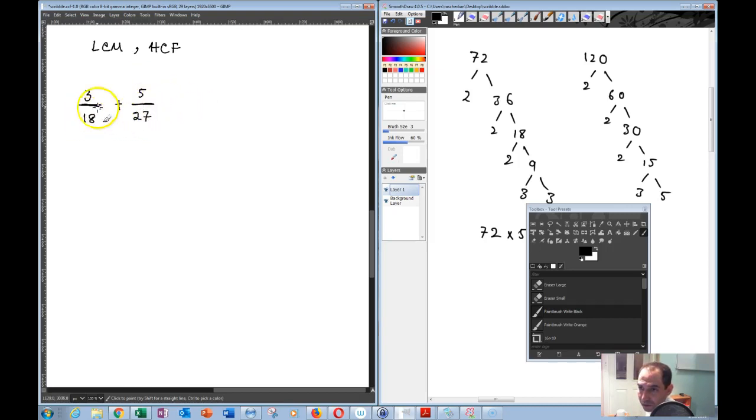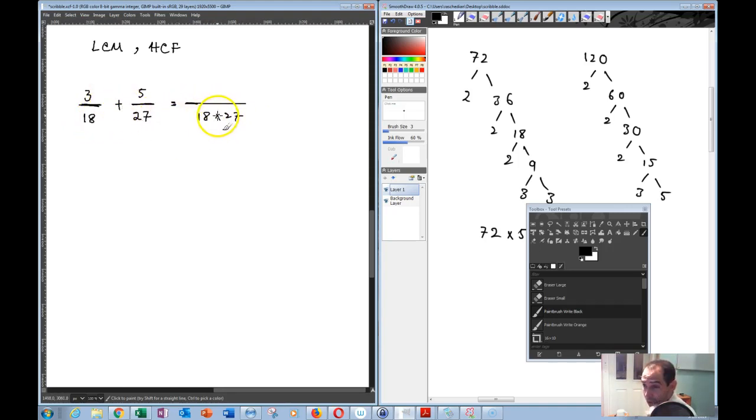Of course, these two fractions don't have a common denominator, and when you don't have a common denominator, you cannot add the two numbers together. So what we did was that we somehow managed to get a common denominator by getting the LCM of these two denominators. And of course, instead of doing that, you can simply write 18 times 27, and this number, whatever that is, is divisible by 18 and also divisible by 27.